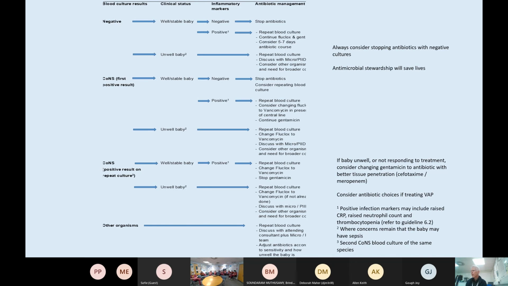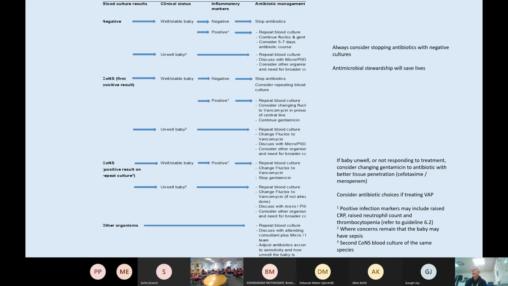So a few headlines, and I'm not going to go through everything in detail. Number one is if a baby's well and the infection markers aren't significant and the cultures are negative, then you have to stop antibiotics.